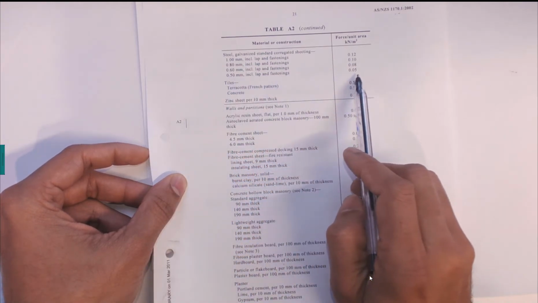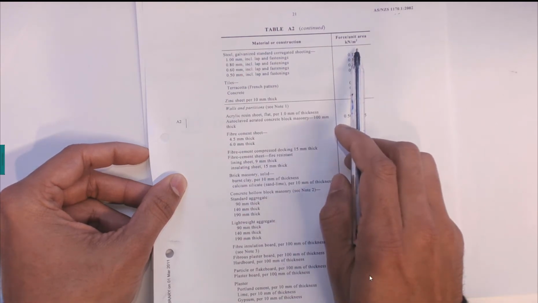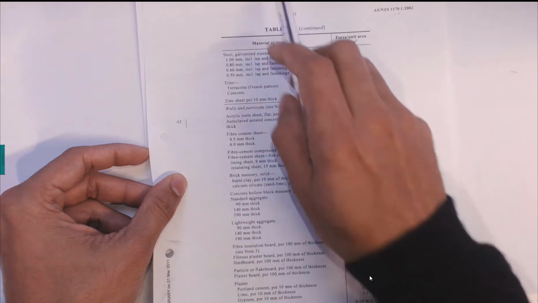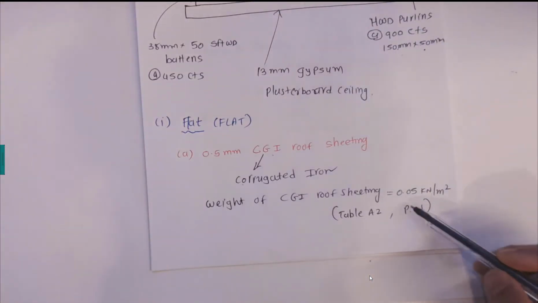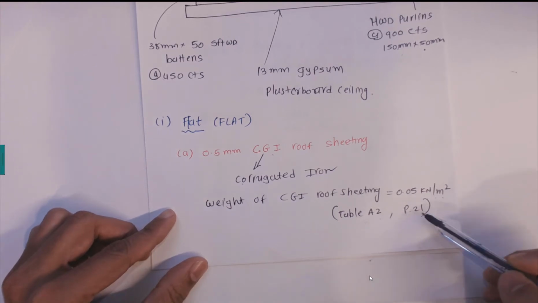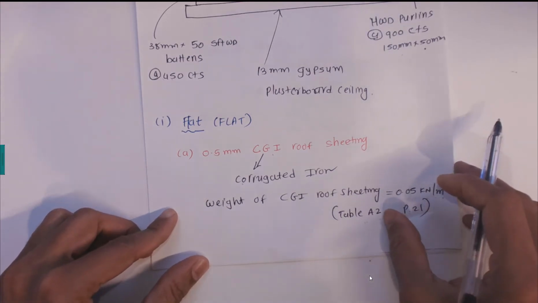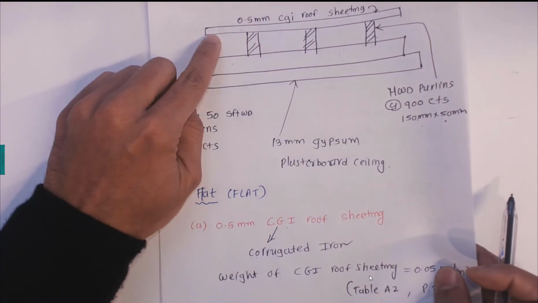It has a pressure of 0.05 kilonewton per meter square. So that is taken from Table A2, page 21, and this completes the first layer, the 0.5 millimeter CGI roof sheeting.